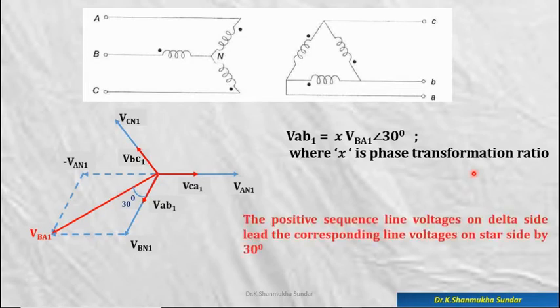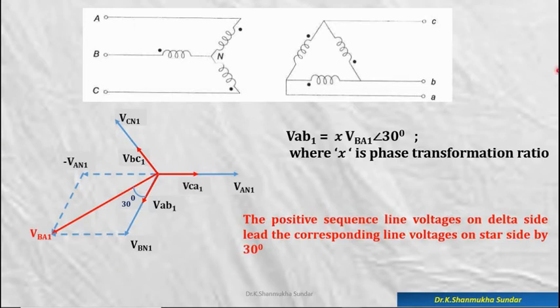Now let us see, the positive sequence line voltages on delta side lead the corresponding line voltages on star side by 30 degrees, isn't it? So it is in opposition. In case 1 we have seen when it is excited with positive sequence voltages. In case 2 we have seen when it is excited with the negative sequence voltages.